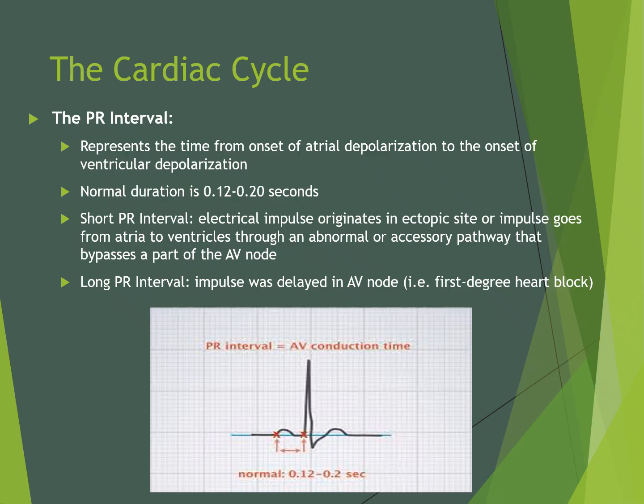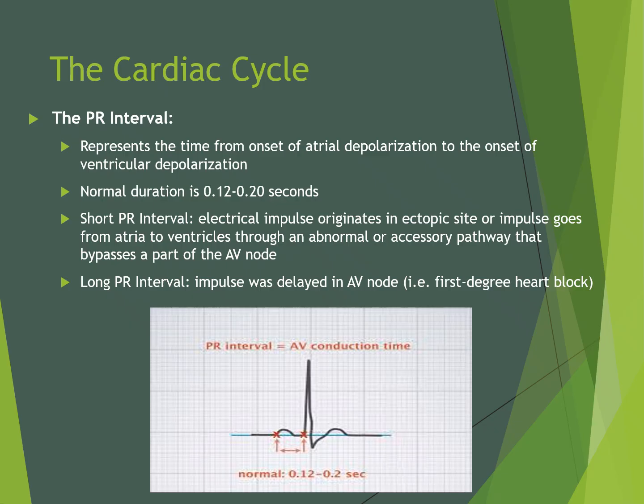Next component that we will look at is the PR interval. This represents the time from onset of atrial depolarization to the onset of ventricular depolarization, and the normal duration is 0.12 to 0.20 seconds.